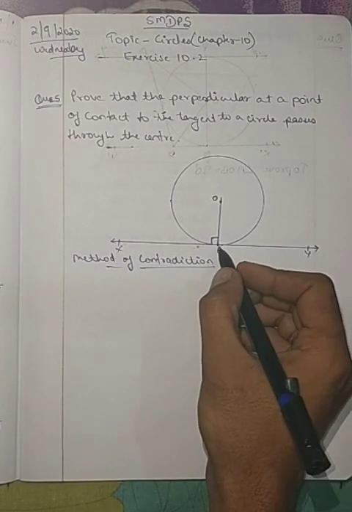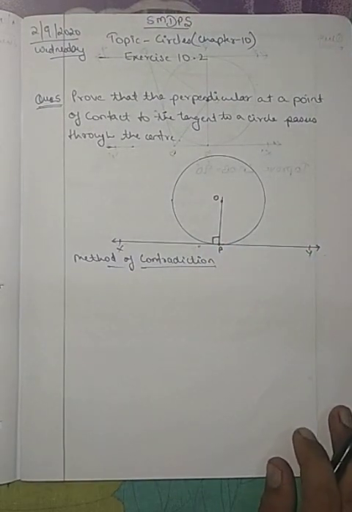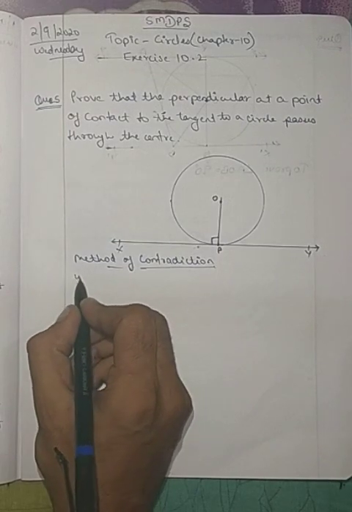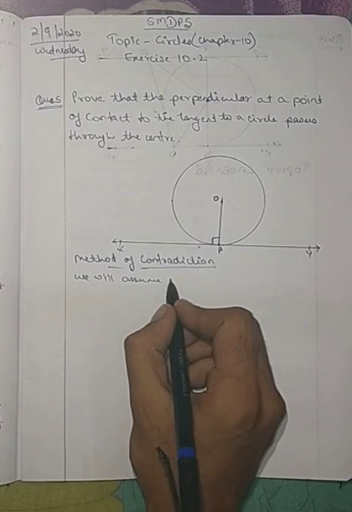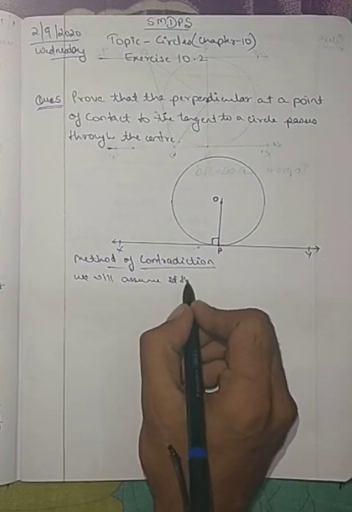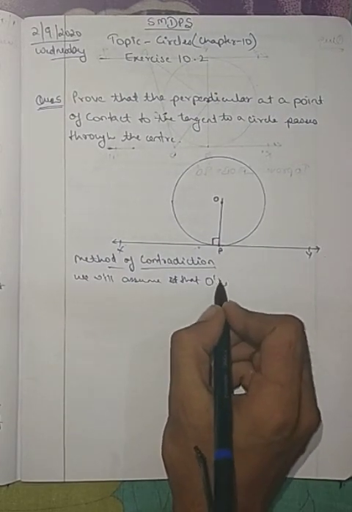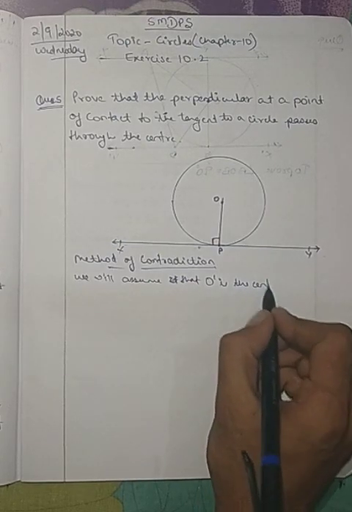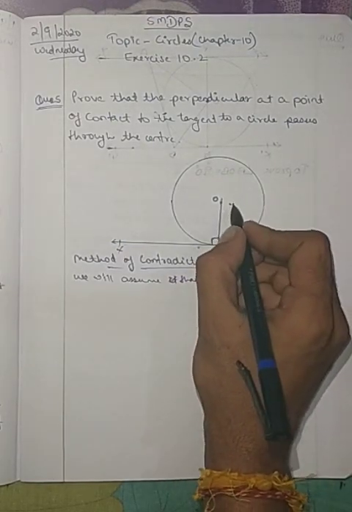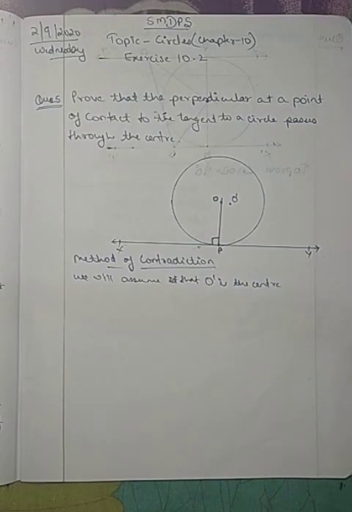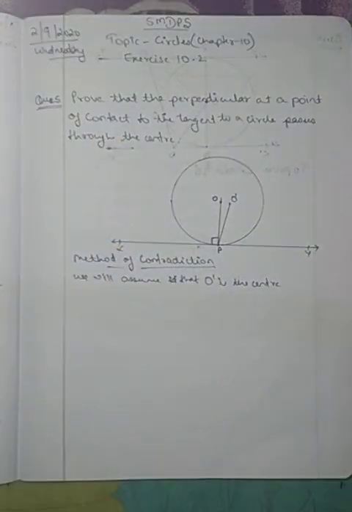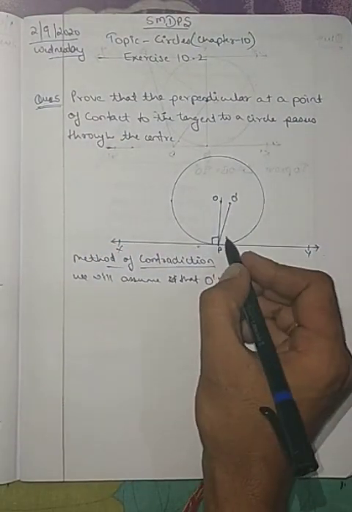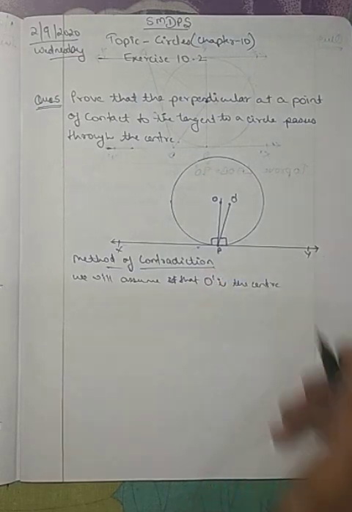We have to prove that it passes through the center O. We will assume that O dash is the center. We will take another point, say O dash. This is the center. And if I join O dash with P, we know that the center and the point of contact make angle 90 degrees.